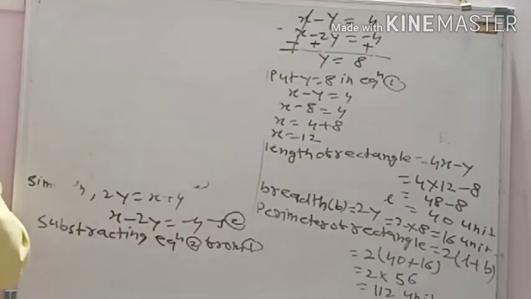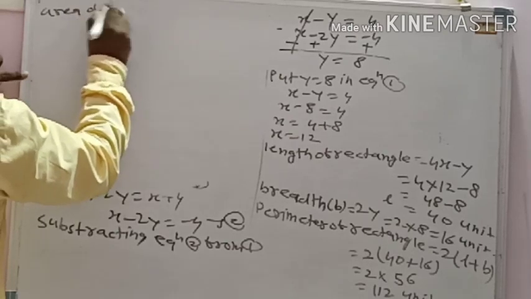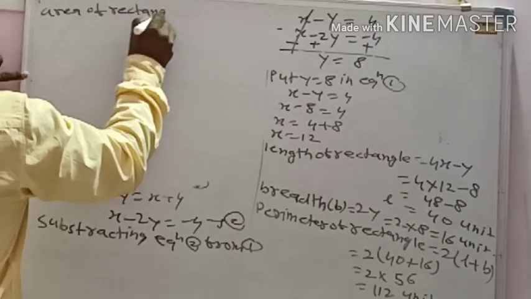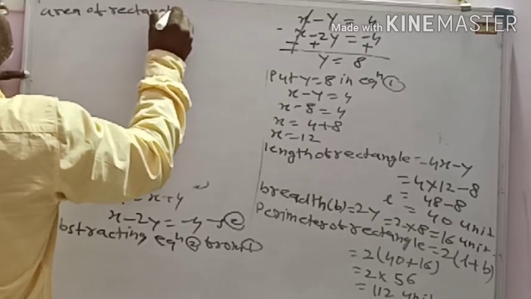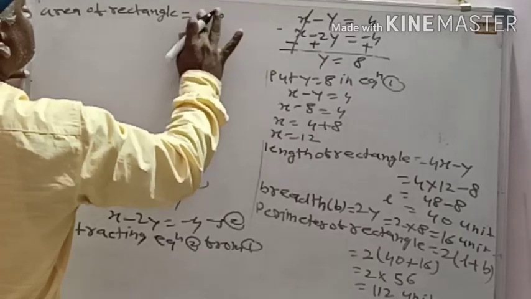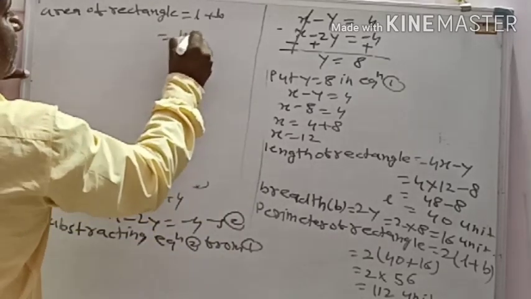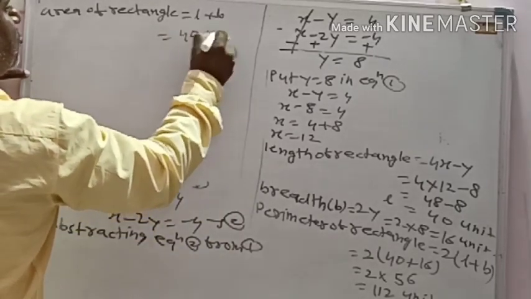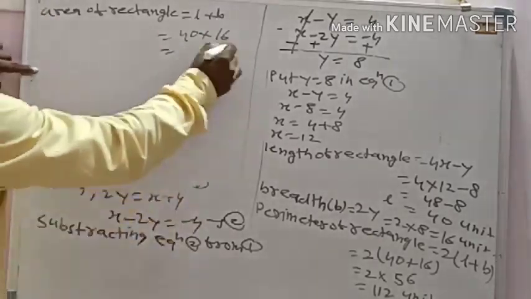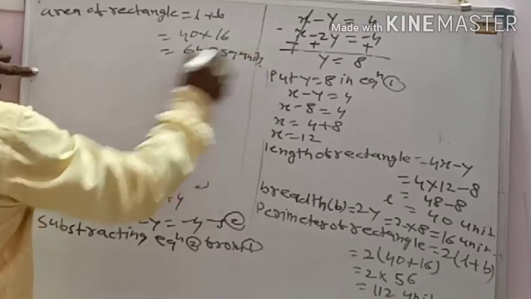Now find the area. Area of rectangle is equal to length into breadth, L into B. Length 40 into breadth 16. 16 fours are 64, so 640 square units.